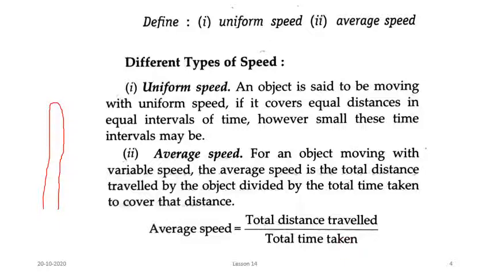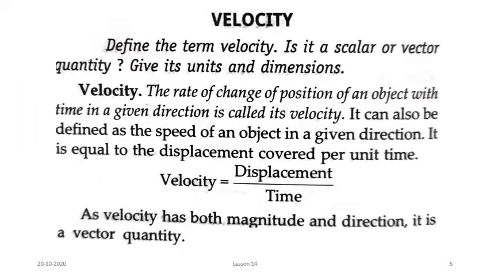Now moving to our next concept, velocity. Define the term velocity. Is it a scalar or a vector quantity? Give its unit and dimension. Velocity, the rate of change of position of an object with time in a given direction is called its velocity.